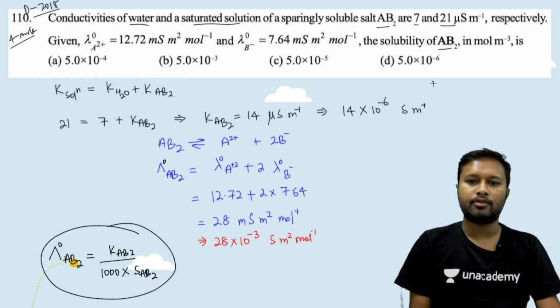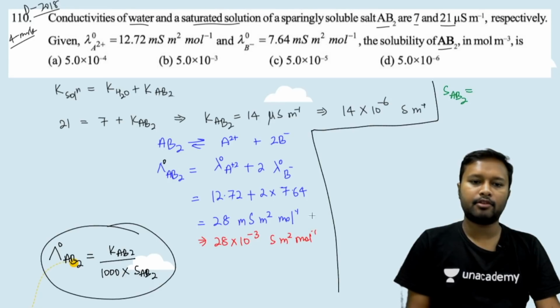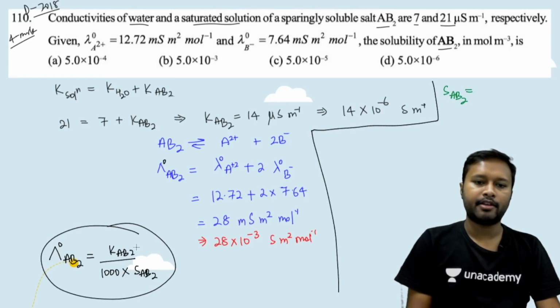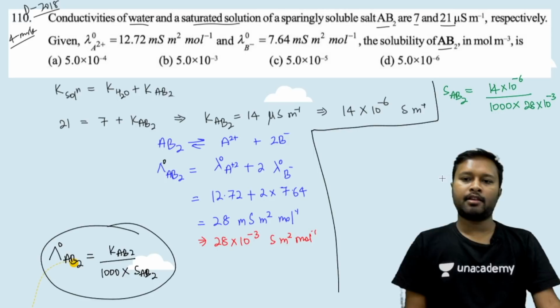I'm just going to do it somewhere over here in the vacant space. So solubility of AB2 will be equal to, if I bring solubility this side, K will remain as it is. K was 14 into 10 to the power minus 6 divided by 1000 multiplied by the lambda naught value, that is 28 into 10 to the power minus 3.